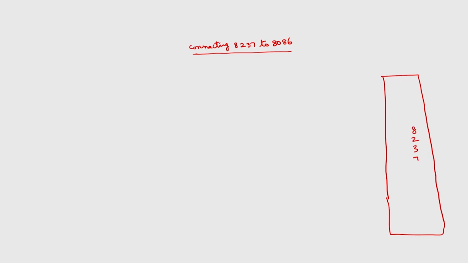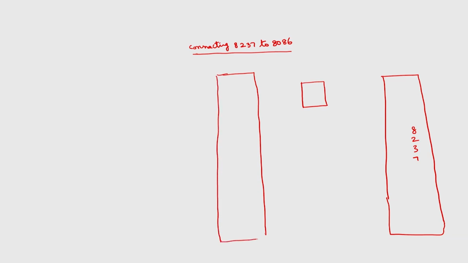So I am calling it 8237 only, but this can be 8237A also. This will be having only 8-bit address bus. These are two latches, and this is your 8086. So we know that 8086 has multiplexed address data buses. So I am considering only the 16 address lines.